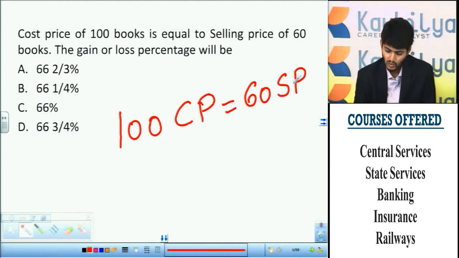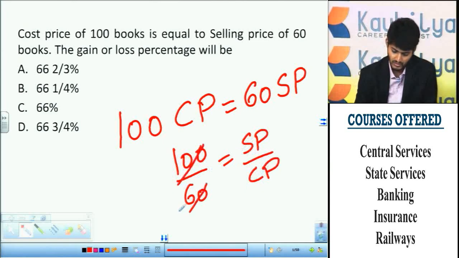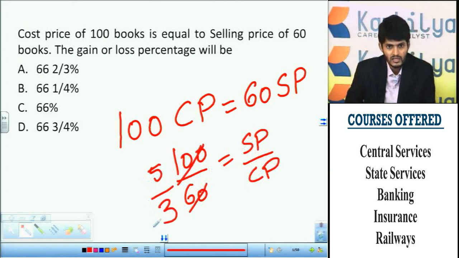In this scenario, if I bring 60 from the RHS to the LHS, I will get 100 by 60 is equal to selling price by cost price. If we cancel these two values, it would result in 5 by 3. So if the cost price is 3 rupees, then the selling price would be 5 rupees, right?